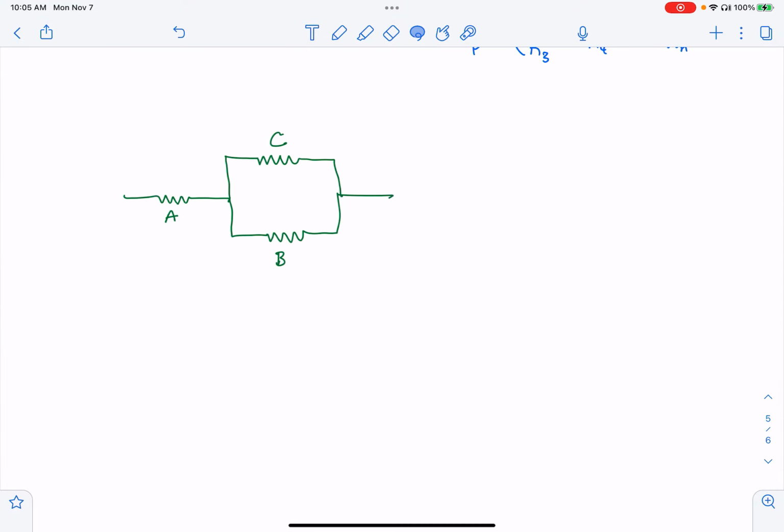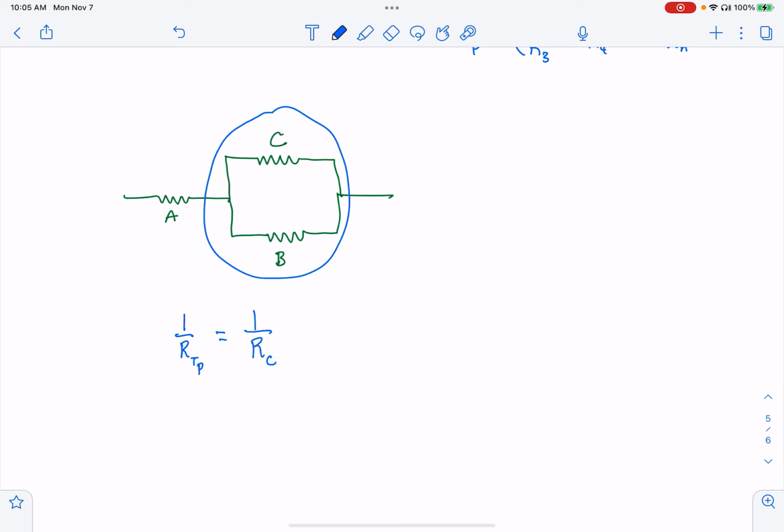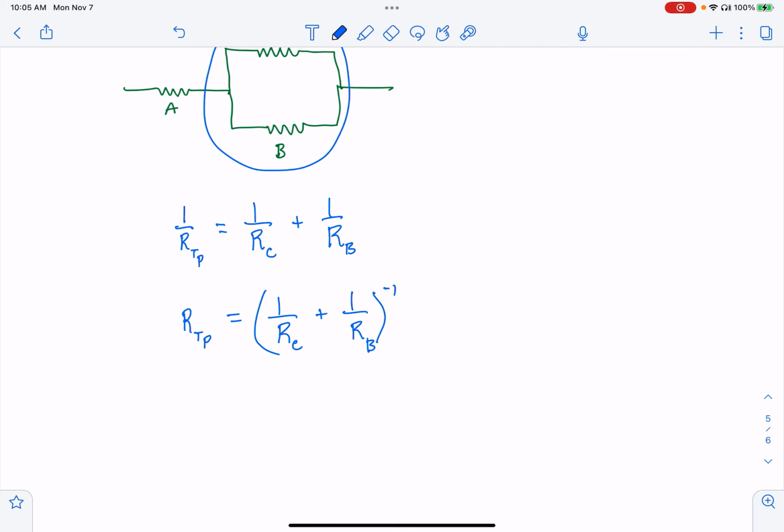The technique that I would use is to take the parallel resistors and find the total resistance in parallel, which is 1 over R sub C plus 1 over R sub B. RTP is equal to 1 over R sub C plus 1 over R sub B, and we're going to take that to the -1 power. So that would be my first thing.